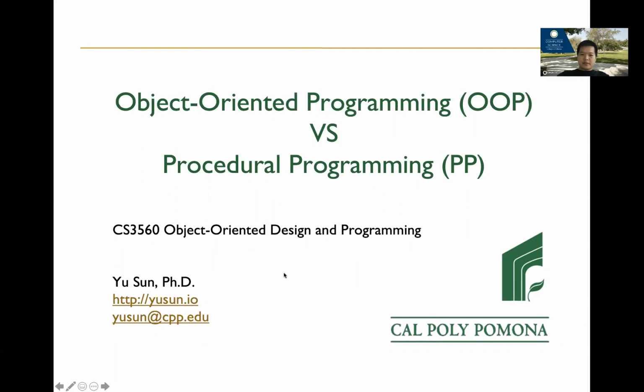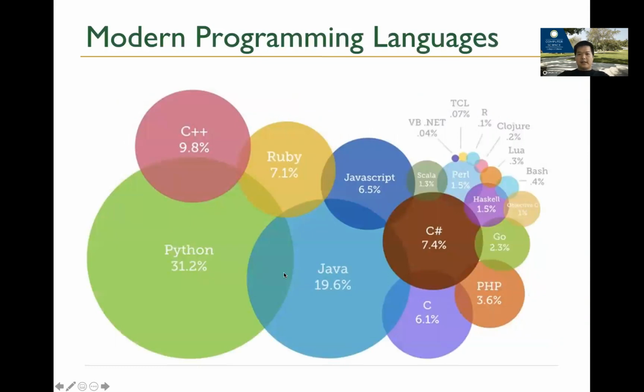Okay, so let me actually move forward. This is a statistic I got recently, for 2020, and it's not really much changed compared with past years. Obviously, Python is growing, still taking a lot of popularity, and Java is still there for sure.